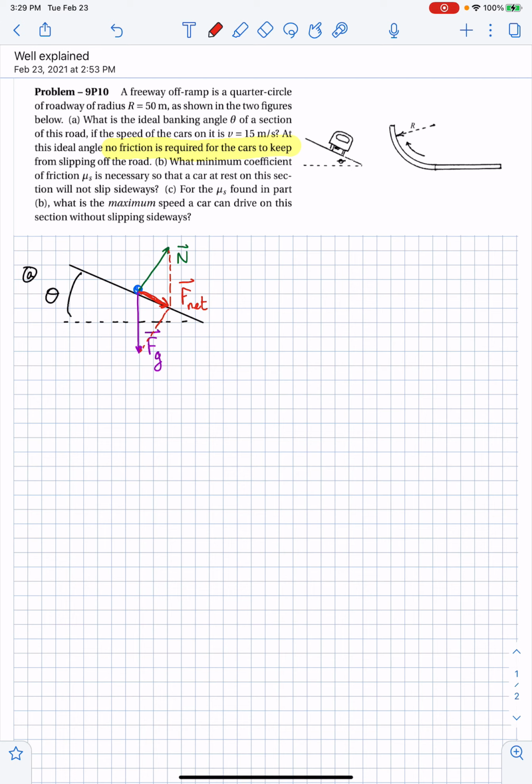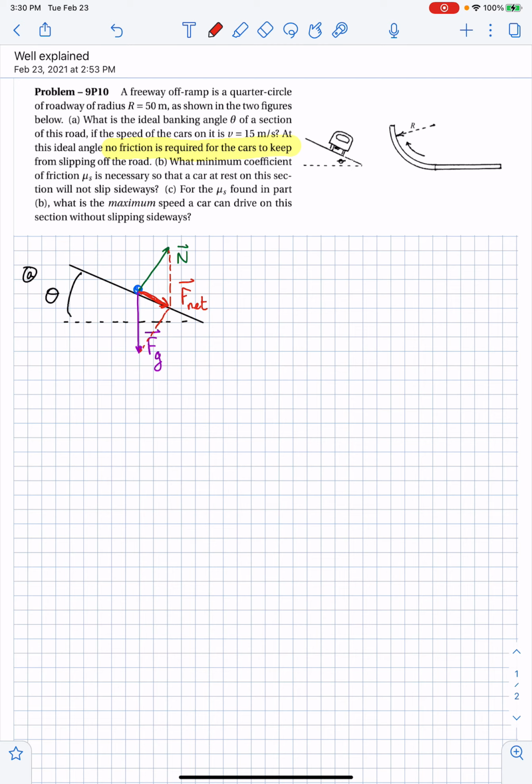And if the car were to go straight, then the problem is that it will be sliding down the ramp, right? But here we know that there is no friction, which means that the car will be sliding down the ramp. And so it's not good. So why is it that the car is not sliding down the ramp?